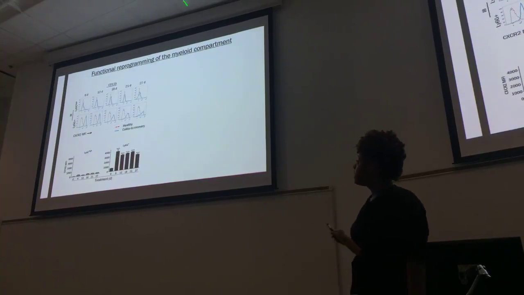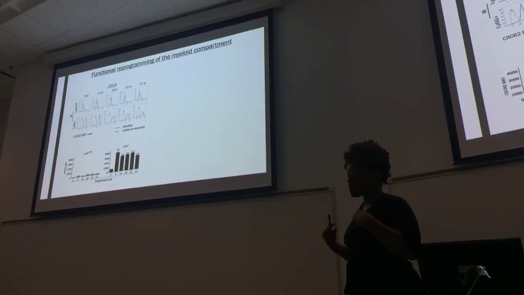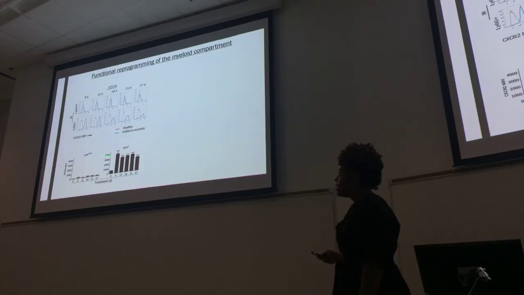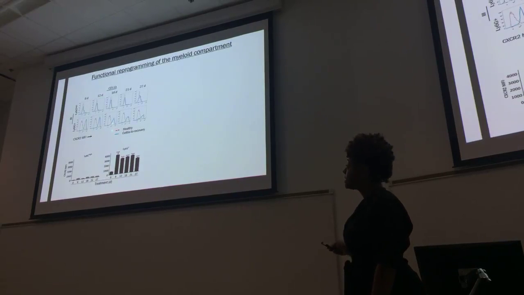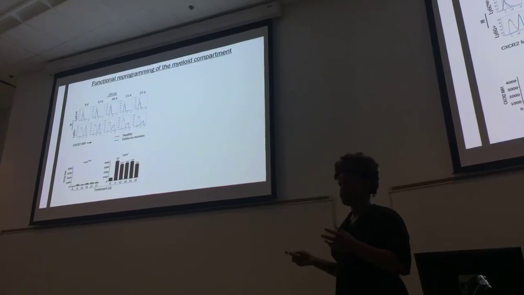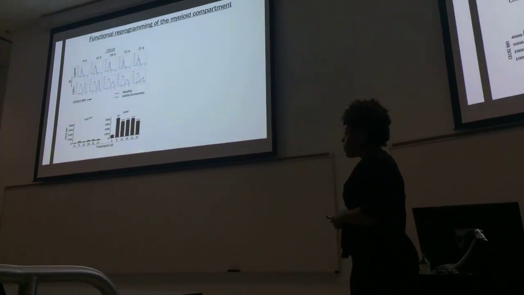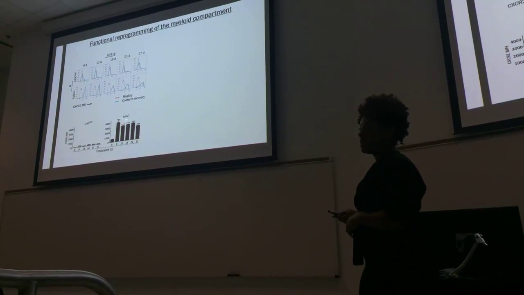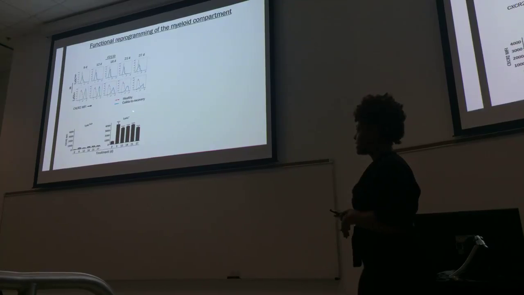When we looked at some of these functions, we looked at characteristics of mature neutrophils. So we wanted to look at CXCR2. Remember I said these receptors are needed for migration out of the bone marrow for mature neutrophils. In general, immature neutrophils do not express CXCR2 or express low levels of CXCR2.